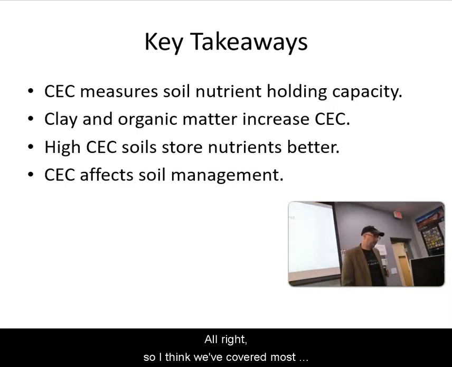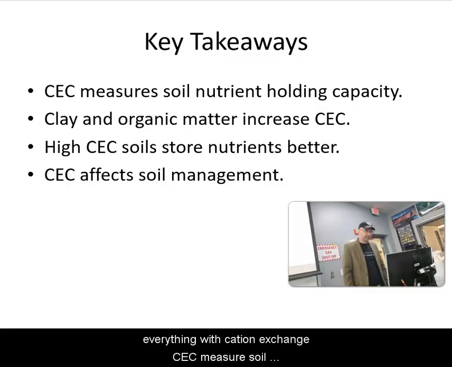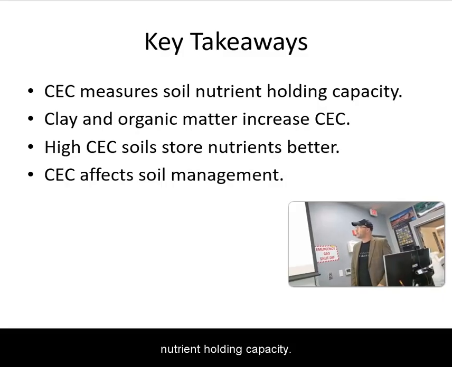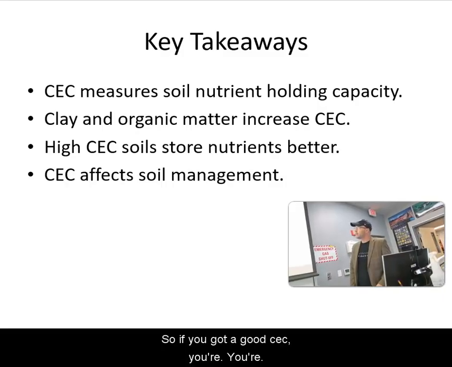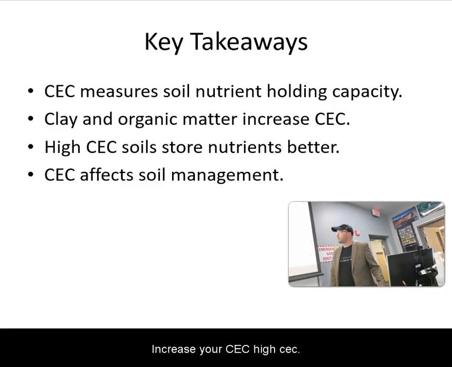All right. So I think we've covered most everything with cation exchange. CEC measures soil nutrient holding capacity. So if you've got a good CEC, you're holding your nutrients. Clay and organic matter increase your CEC.